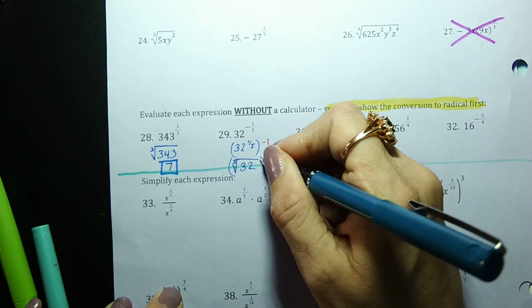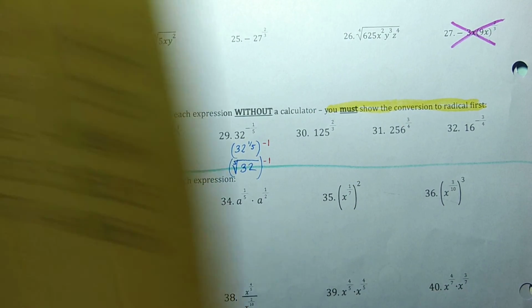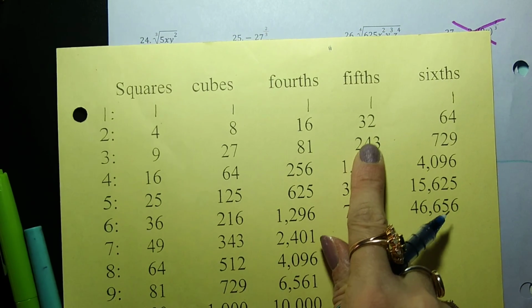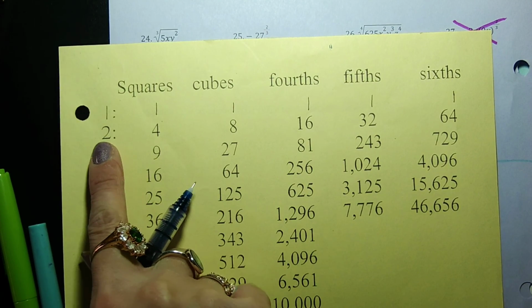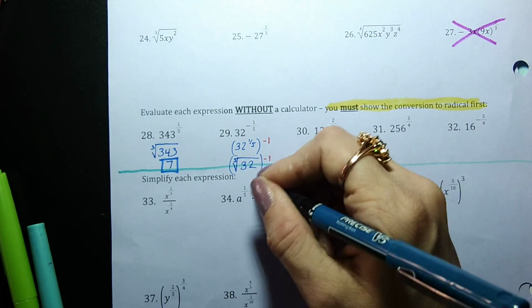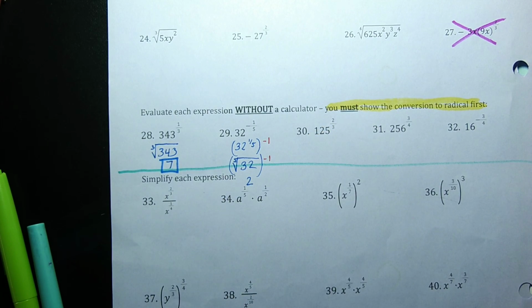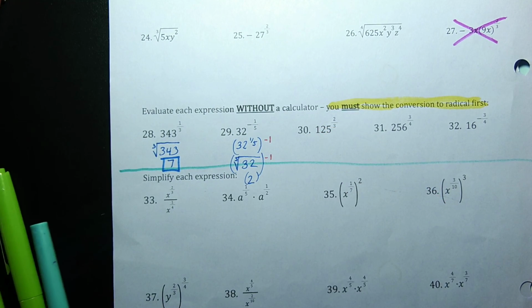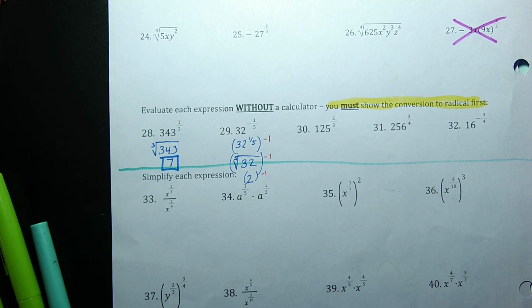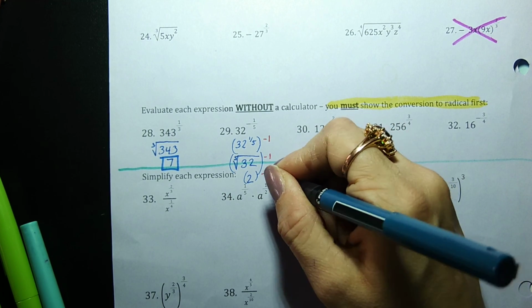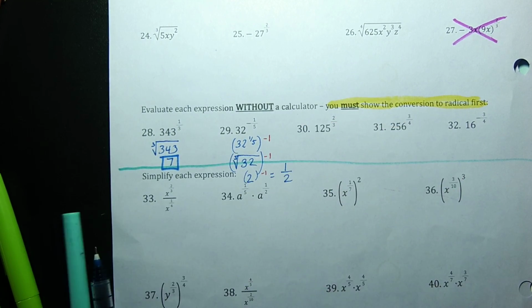Looking on your perfect sheet, the 5th root of 32 would be 2. And then what's 2 to the negative 1? Take that 2, send it to the downstairs. We get 1 over 2, or 1/2.